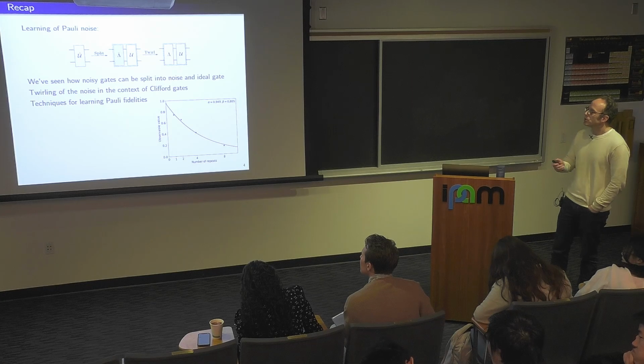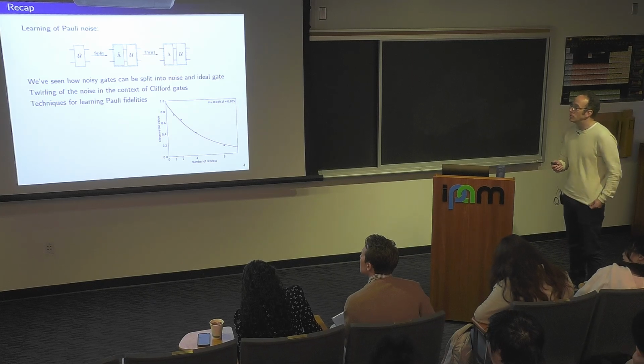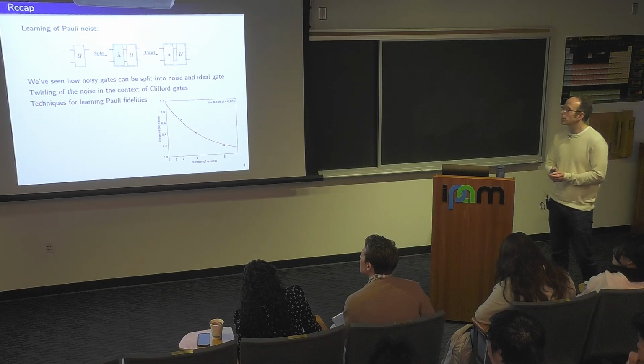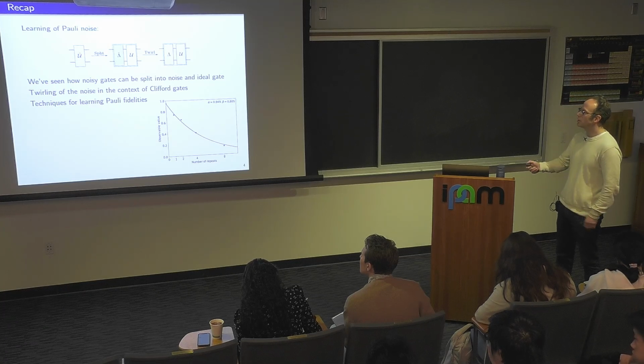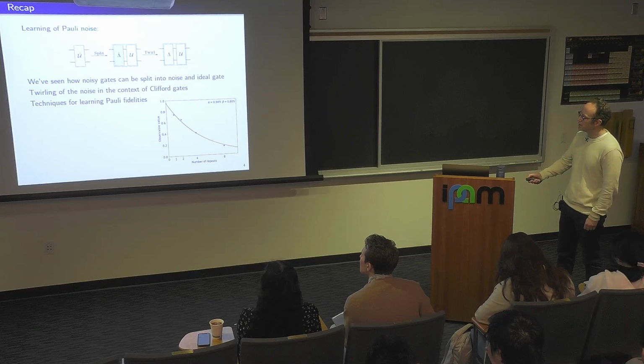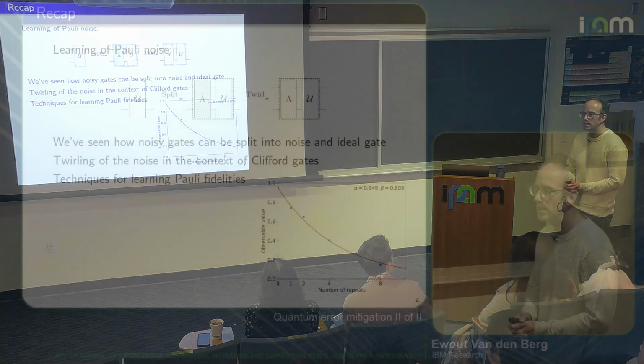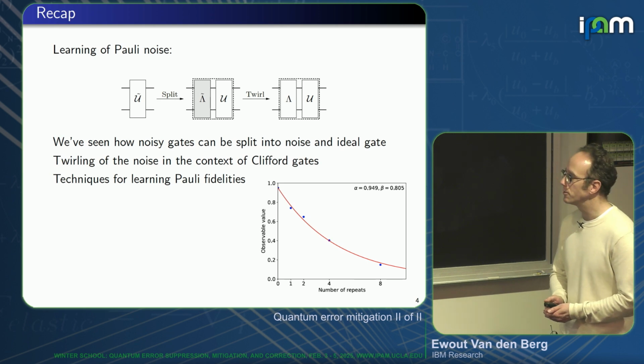We also saw how you can learn Pauli noise in the context of Clifford gates, by learning the fidelity at different numbers of repeats and fitting an exponentially decaying curve through it.